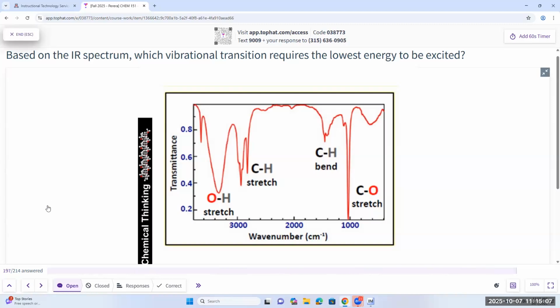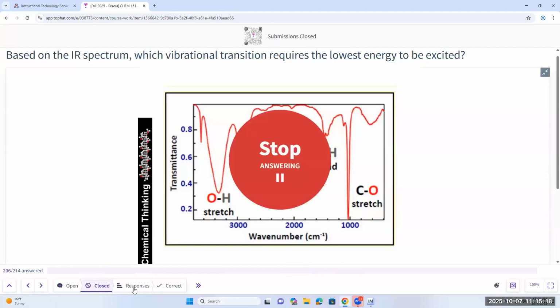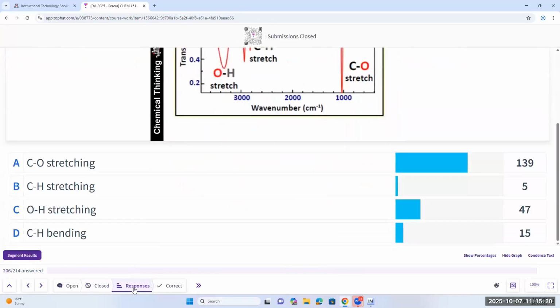All right. We have more than 90% responses now. Therefore, I'm going to close this question in 5, 4, 3, 2, and 1. All right. And here are our responses.